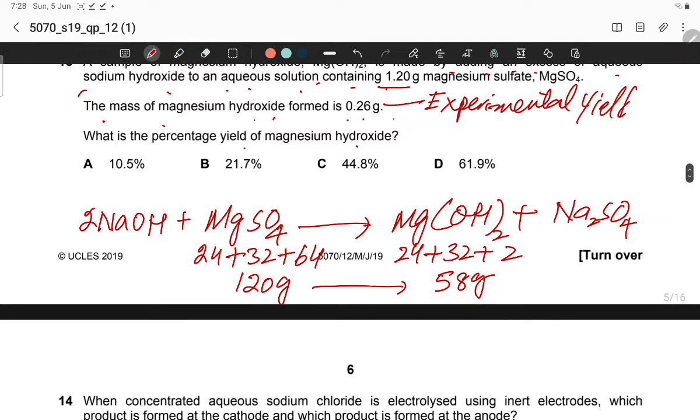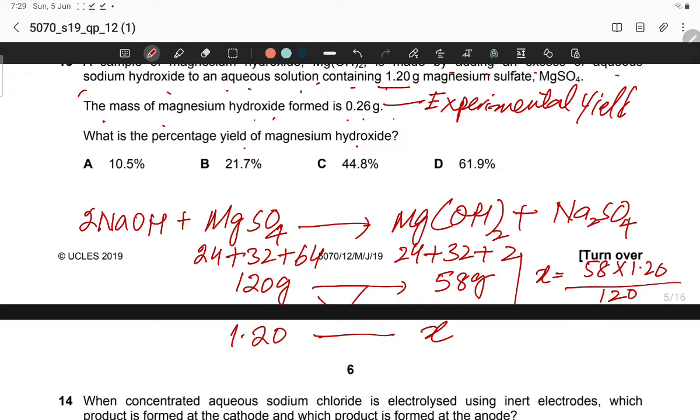So what would be the mass of magnesium hydroxide formed? 1.20 gram producing X. By cross multiplying, X is equal to 58 multiplied by 1.20 divided by 120. X is equal to 0.58.